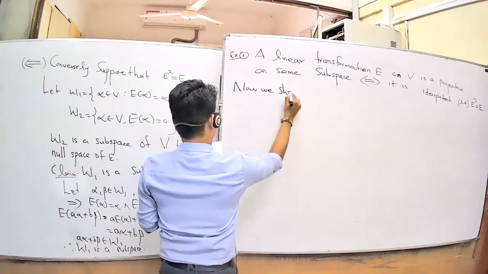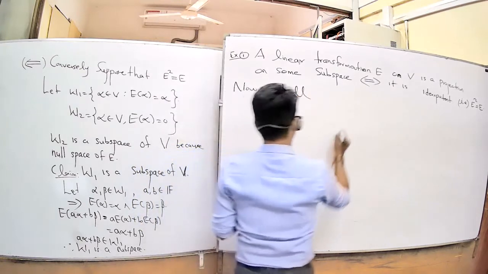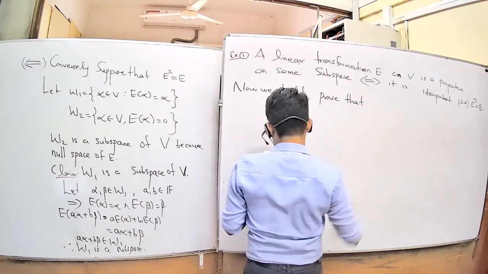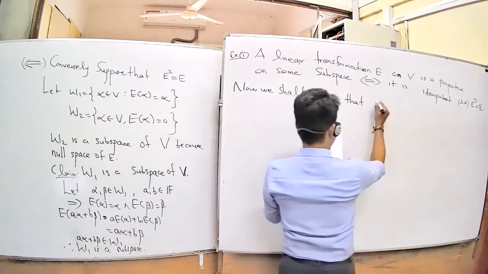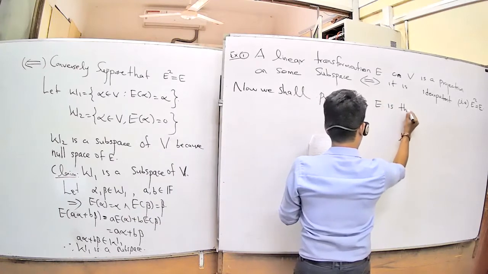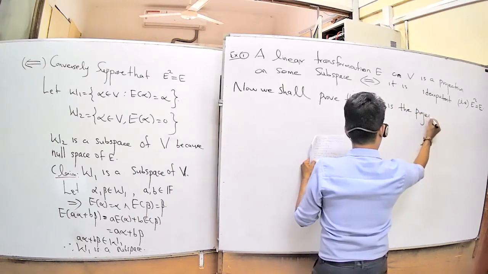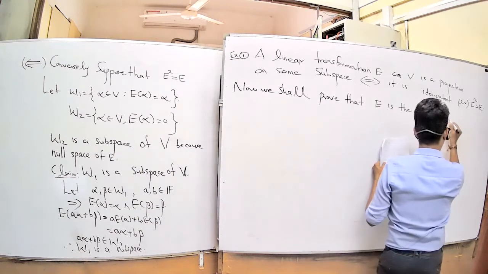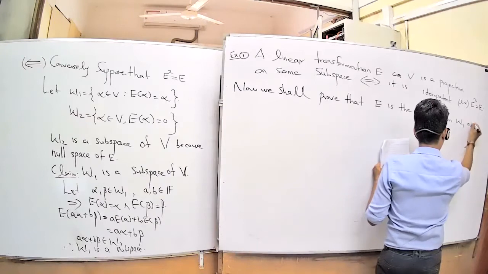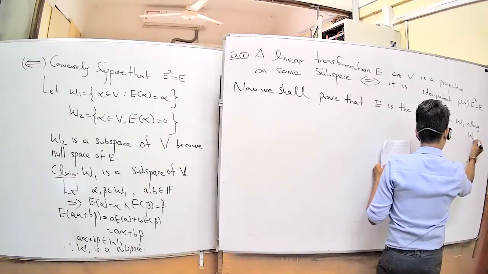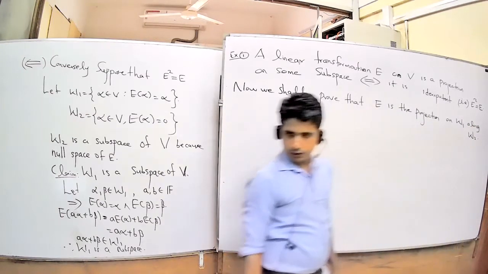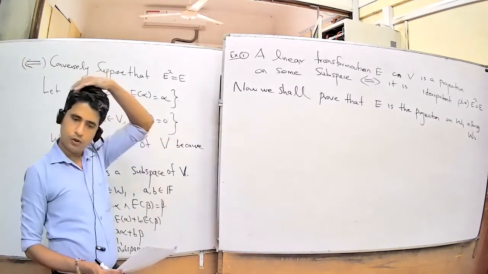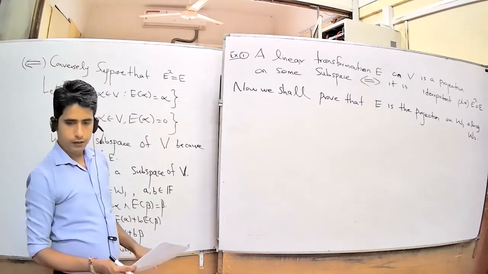Now we shall prove that E is the projection on W1 along W2.